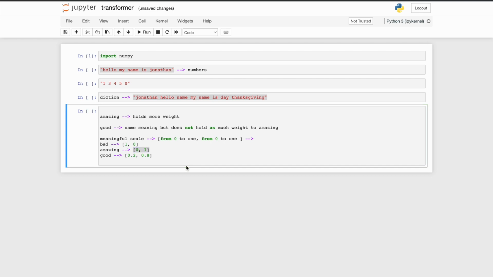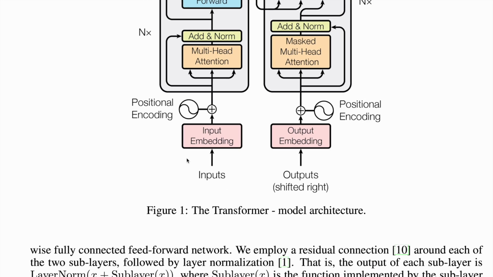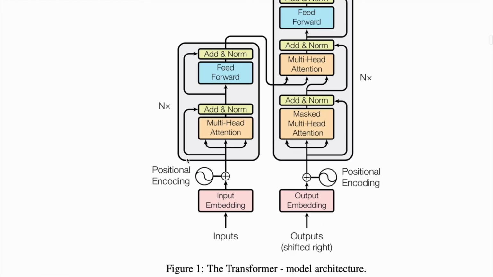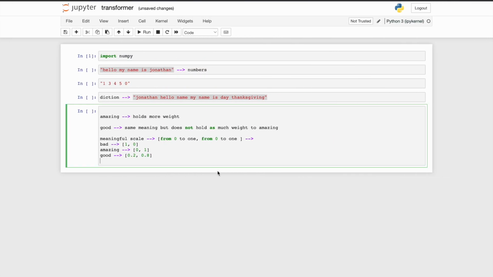That's what we want to do for hello, my name is Jonathan. So that's literally the first step into this transformer, because the input needs to be an embedding.